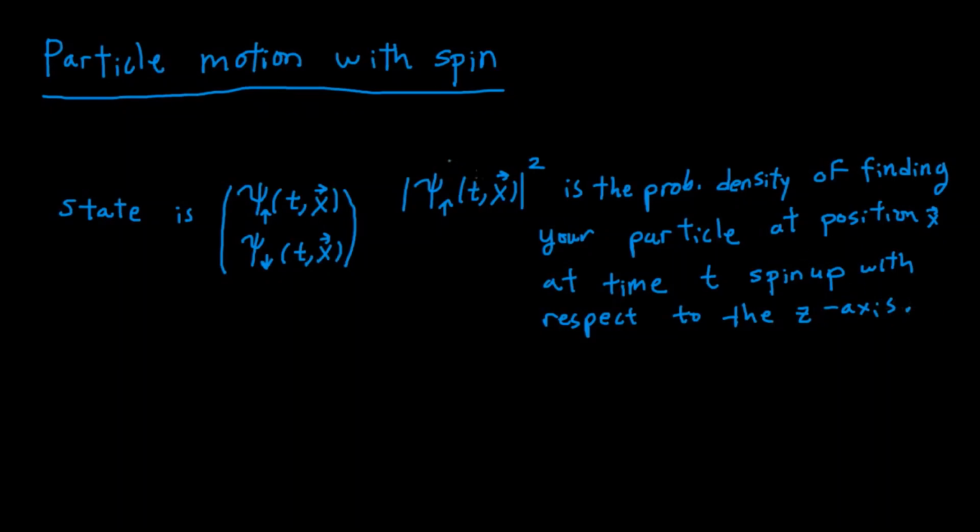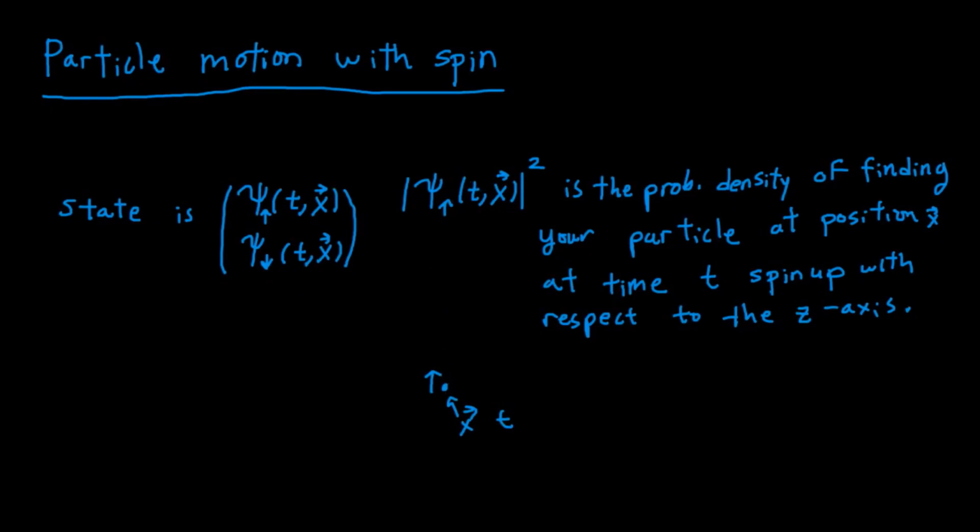Right, so that's what the absolute value squared of psi spin up is. It's the probability density that you find your particle at some position x at some time t, and that when you find your particle, it's also going to be spin up with respect to the z-axis.